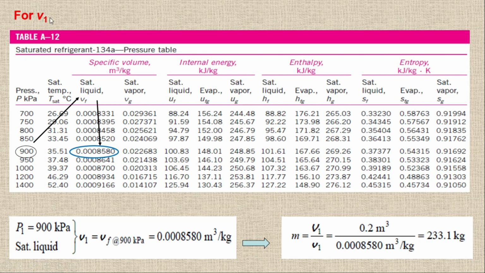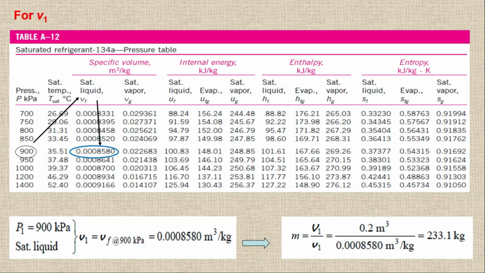Now in the question for the second state, state number 2, the temperature was 70 degrees Celsius. But here if you see, the saturation temperature against 900 kilopascal is 35.51, and the state number 2 temperature is 70 degrees Celsius.